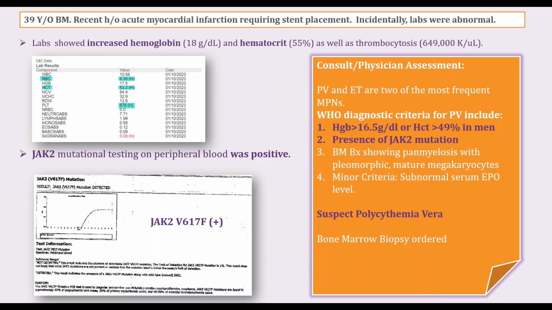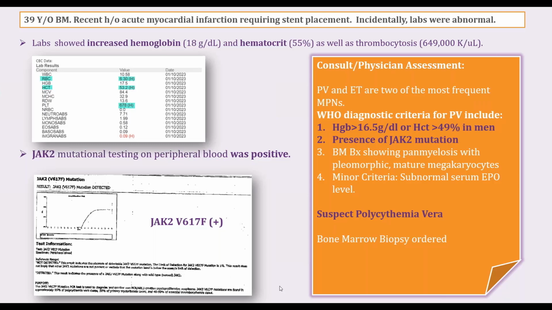Major criteria, hemoglobin greater than 16.5 or crit greater than 49% in men. And this patient does have a crit of 55%, which is high. So we're looking here. And the presence of JAK2 mutation. So again, here we are. That criteria has been met.